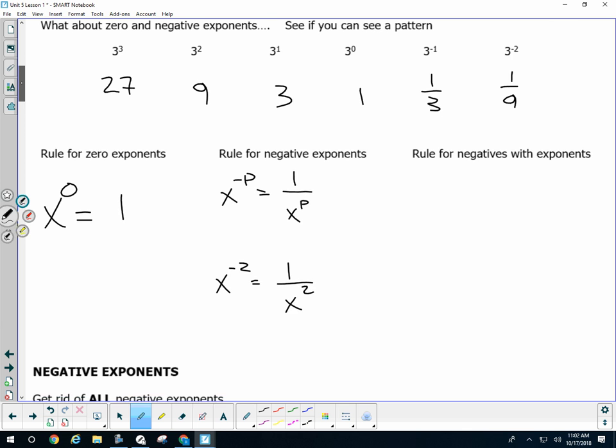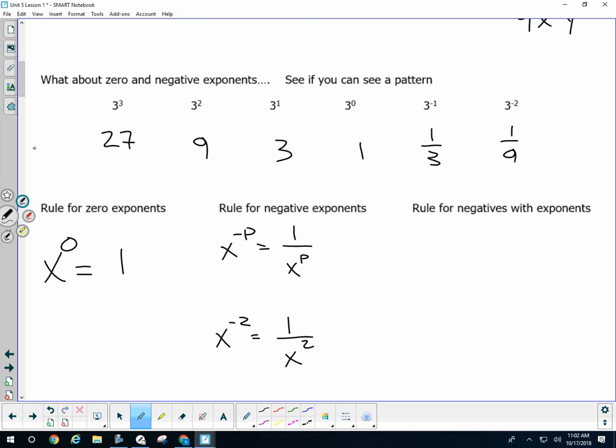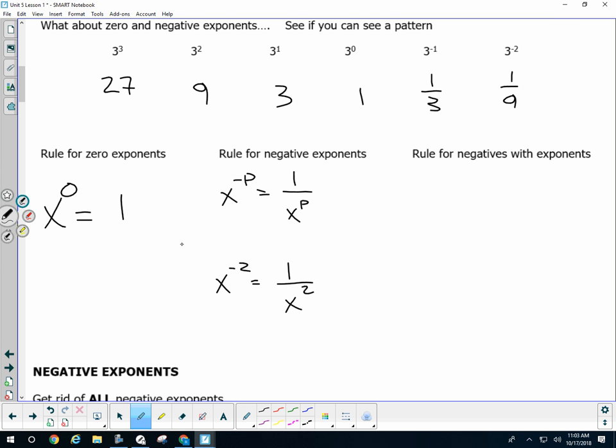However, if I have 1 over x to the negative third, that's the same as just x to the positive third over 1. Both of these are very important to understand.